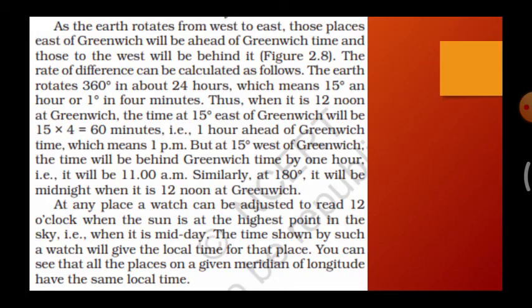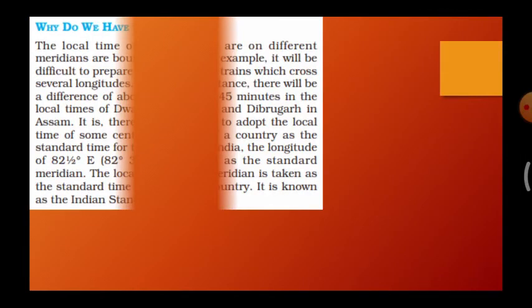The time shown by such a watch will give the local time for the place. You can see that all the places on a given meridian of longitude have the same local time.